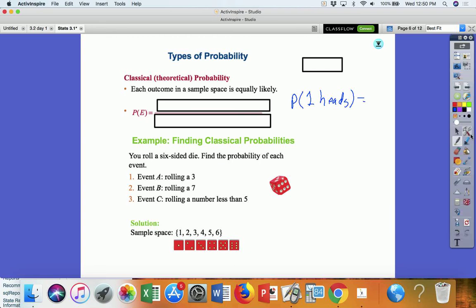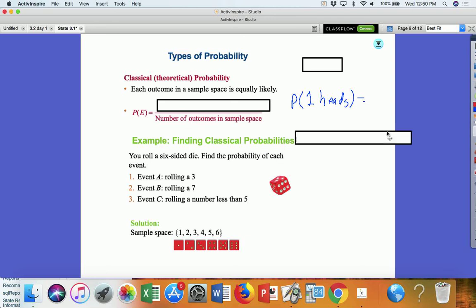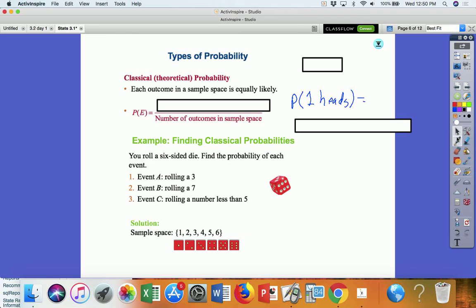Well, what are we going to do? We are going to count the number of outcomes in the sample space, which in our example was 4.